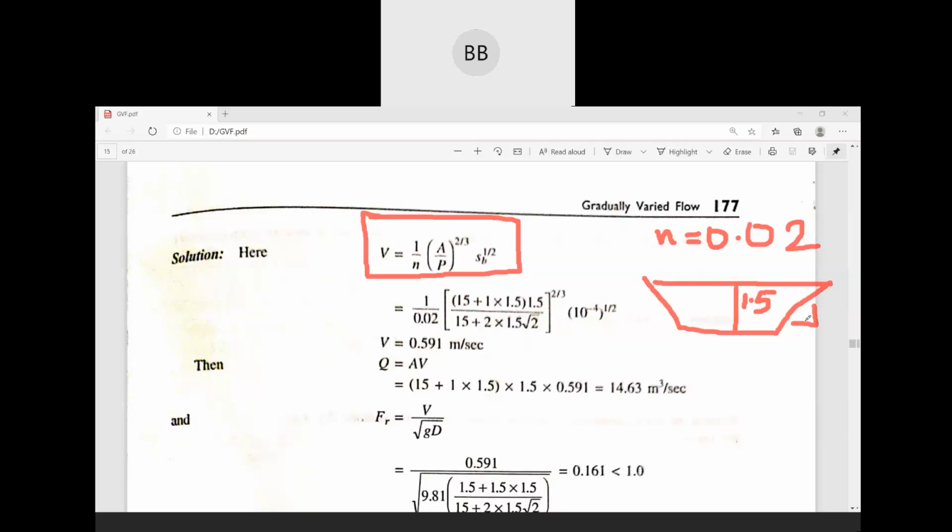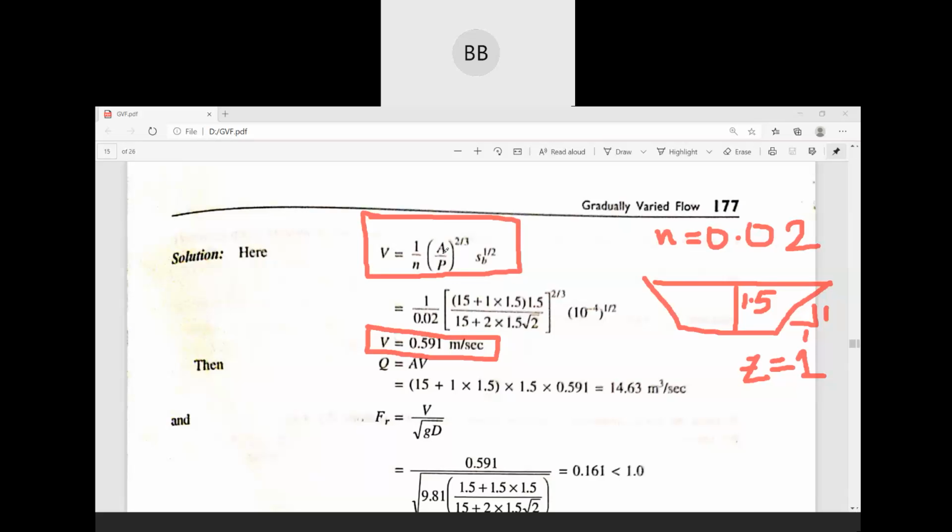Side slope is given 1 horizontal to 1 vertical, that means Z is equal to 1. And calculate the velocity, because other terms are all given. Bed slope is also given, 1 into 10 to the power minus 4.